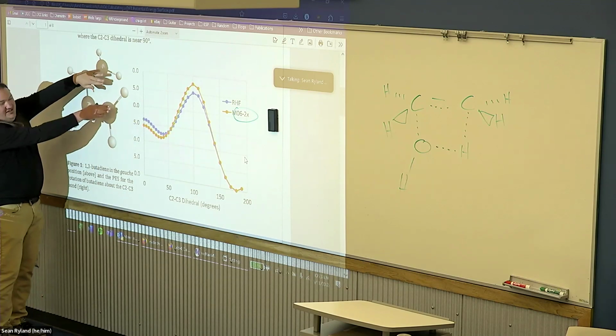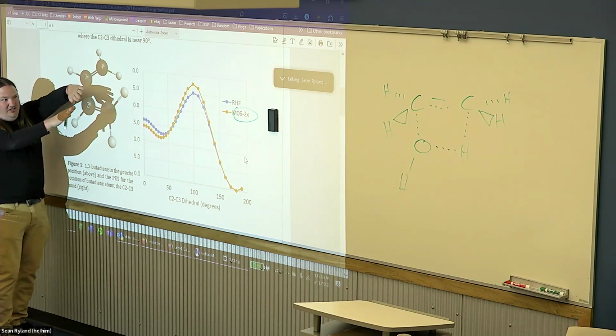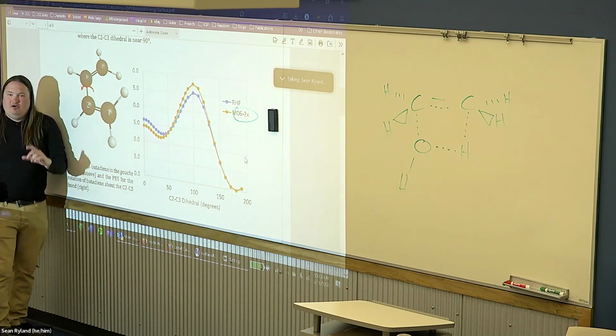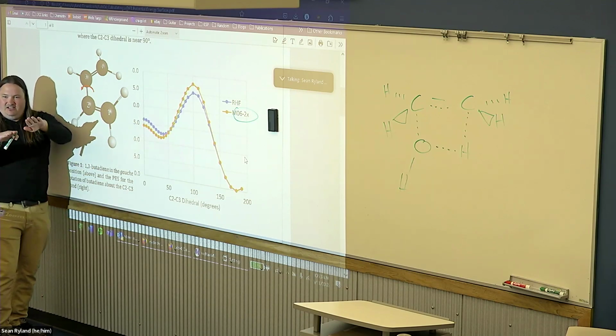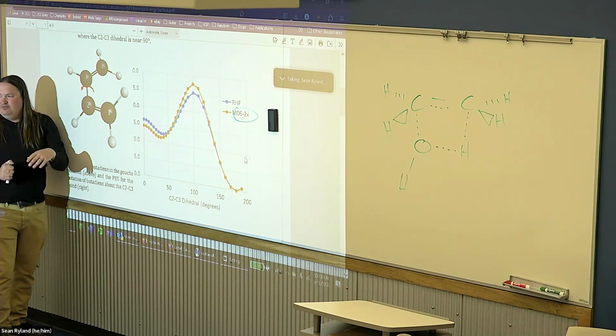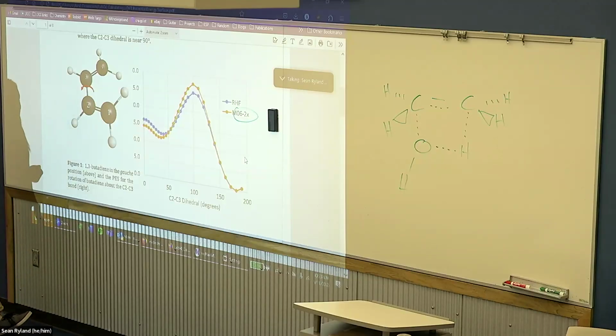Because you actually have these sterics where they're butting up against each other. So it actually is more stable slightly twisted, kind of like the twist boat. When we think back to cyclohexane, the twist boat was kinked just a little bit so that you could avoid some of those sterics. They're never going to be perfectly planar so that they can avoid the sterics.